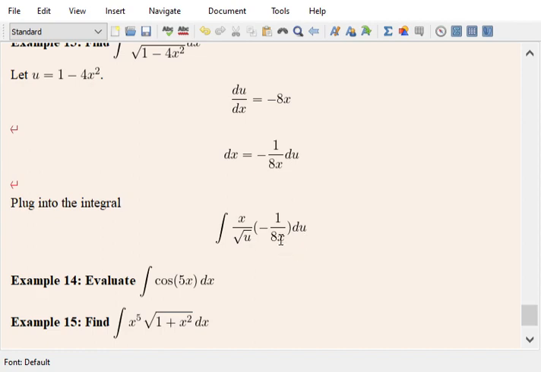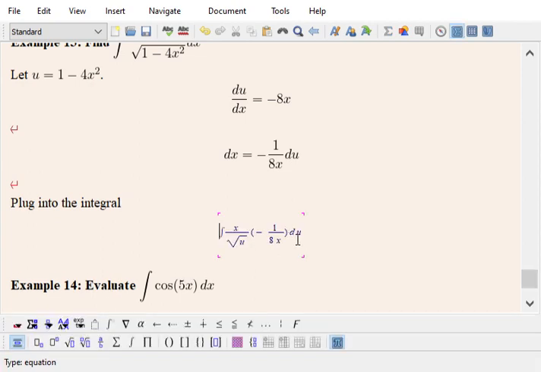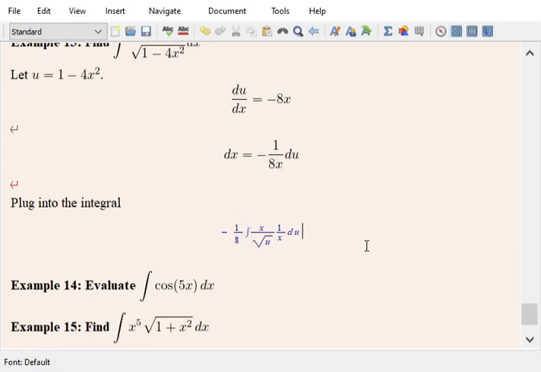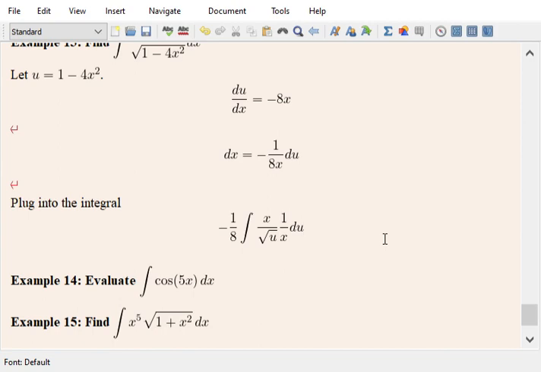In fact, since ultimately we're all just multiplying this by this -1/8, let's just go ahead and pull that out. I always like to pull out the fractions at the earliest opportunity. That's always going to make things a lot easier to look at.